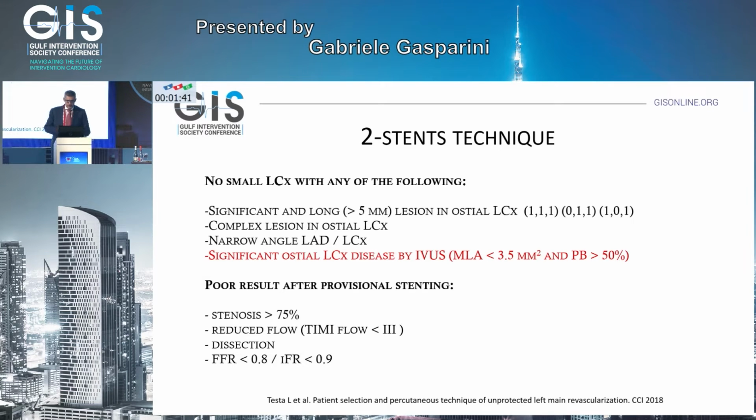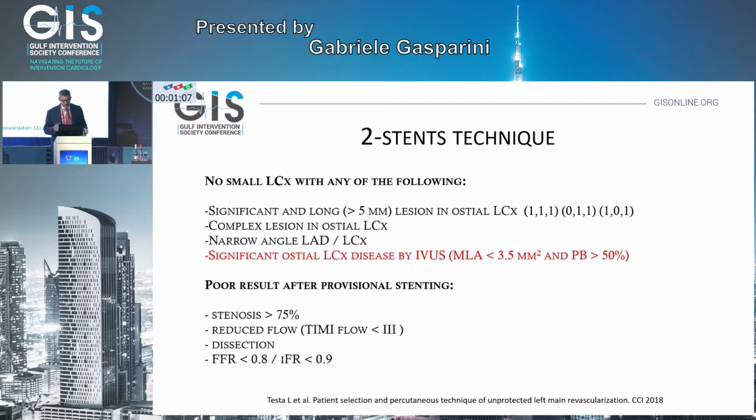Differently, I prefer to use a two-stent technique in case we have a not so small circ with any of the following: a significant and long, meaning more than 5 millimeter, lesion in ostial circ, a true bifurcation lesion, or complex lesion in ostial circ related to the plaque composition, a narrow angle between LAD and the circ, and a significant ostial circ disease by IVUS with an area less than 3.5 millimeters squared and plaque burden more than 50%.